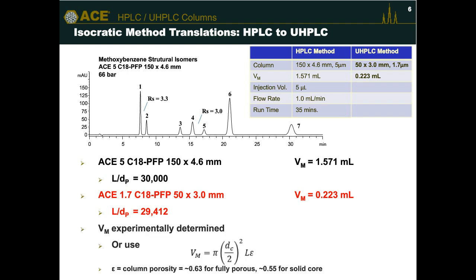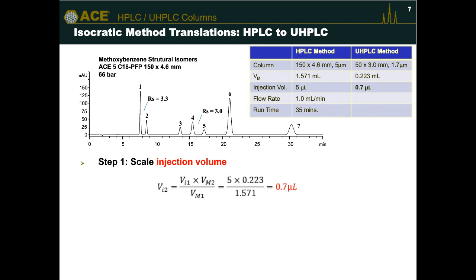As I mentioned, the column volume is best experimentally determined, but you can use this equation at the bottom to estimate the column volume if you don't work it out yourself. The first thing we need to do is use those column volumes to scale our injection volume. You can see here it's related to the ratio of the column volume times the original injection volume of 5 microliters.